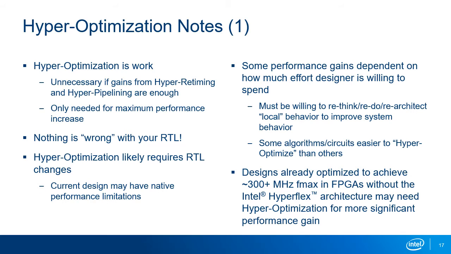Then finally, in general, if your design has already been optimized to achieve 300 megahertz or more in an older FPGA family without the HyperFlex architecture, then you may have to explore hyperoptimization to see a more significant gain. This is because most of the simpler optimizations to reach that 300 megahertz or more, like adding additional pipeline stages, will probably have been done already to the design.